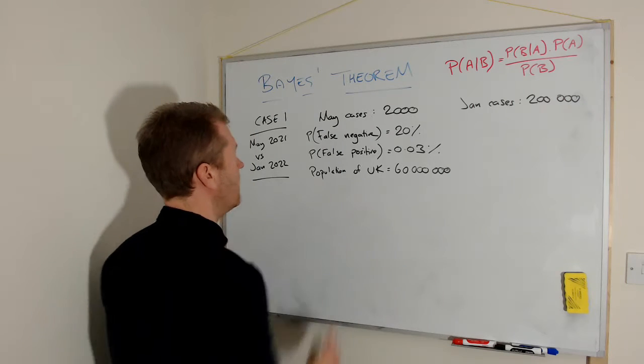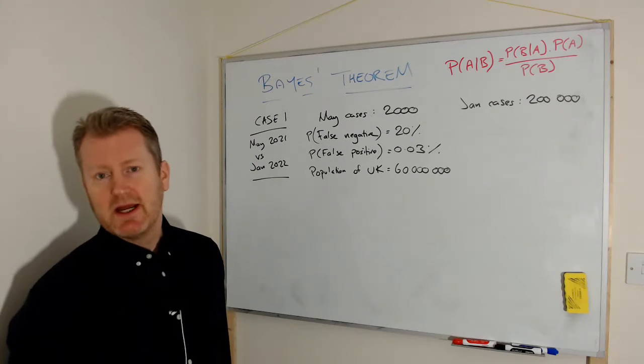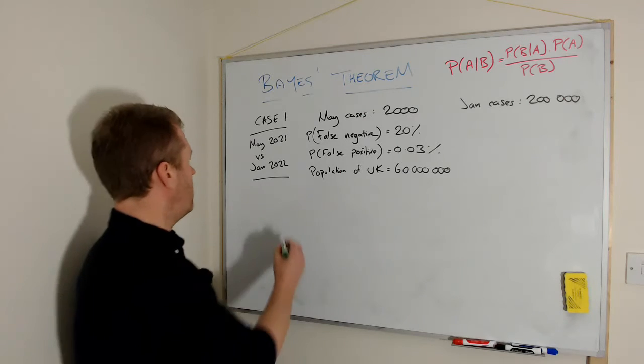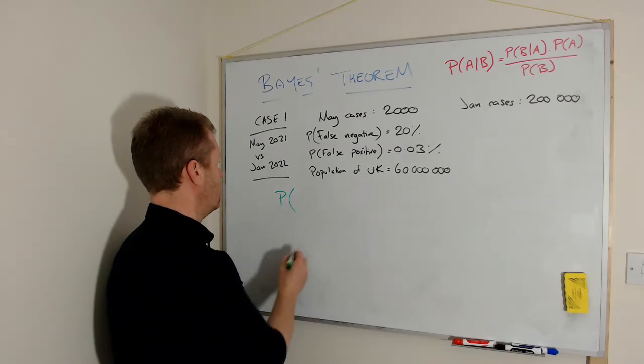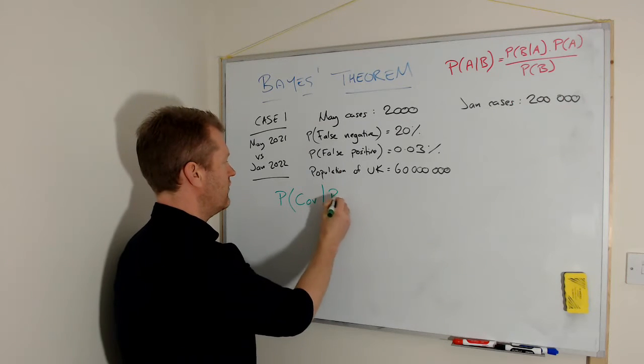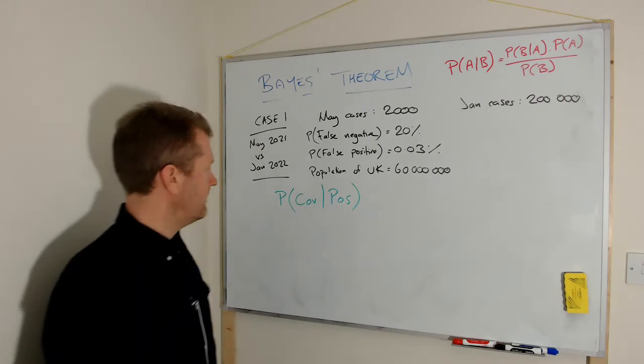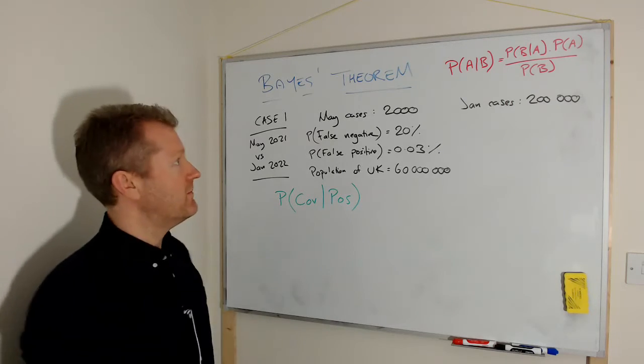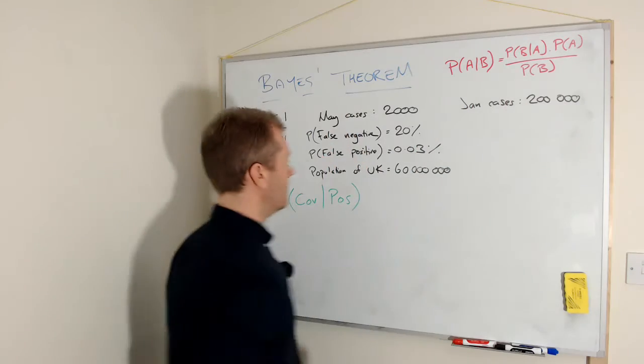So what I want to know is, if you get a positive result, what is the probability that you have COVID? So what is the probability that you have COVID given that your lateral flow result is positive? This is where we use Bayes theorem. I've got it up here, I'll keep referring to it.